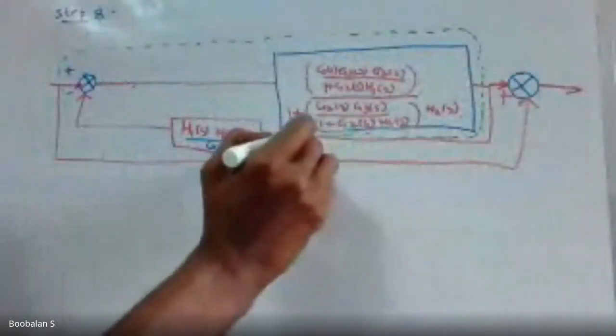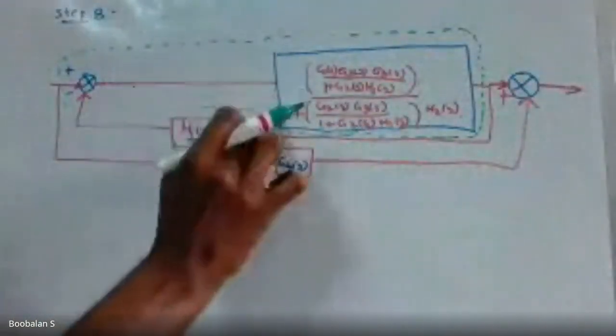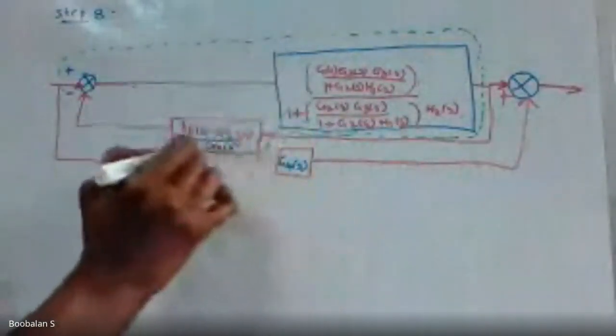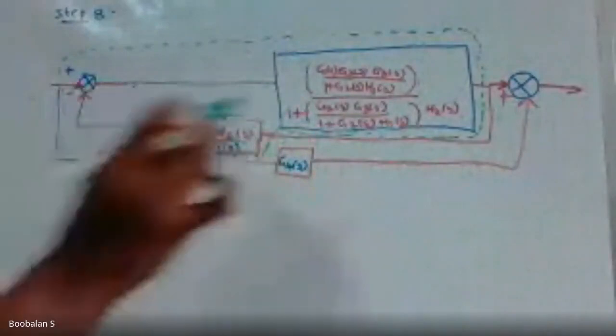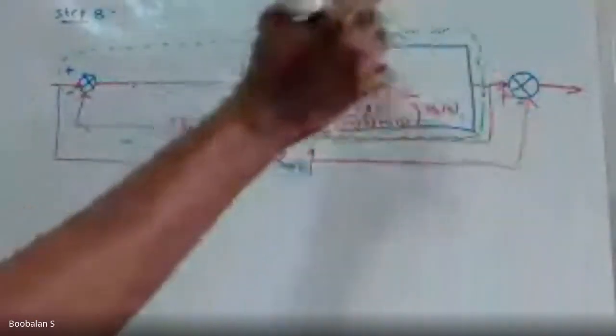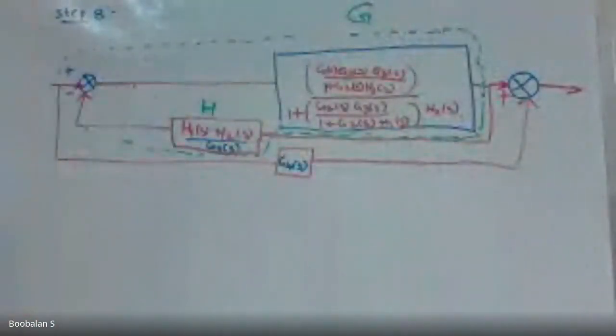See, this is what my total G. This green color you could see. Total G is what a H, right? The G is the H. Both are in negative feedback, so you could be able to apply negative feedback elimination rule.